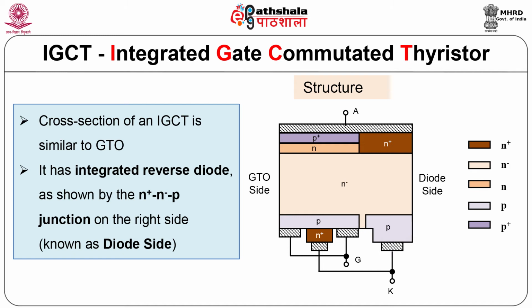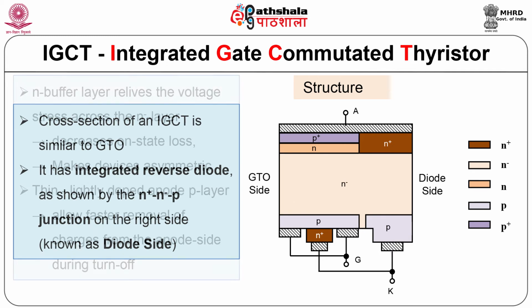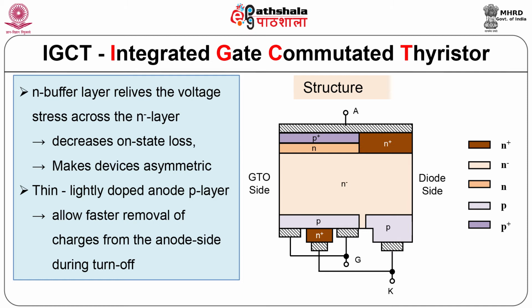So, this right side is also called the diode side. Left side is called the GTO side. N buffer layer relieves the voltage stress across the N minus layer.